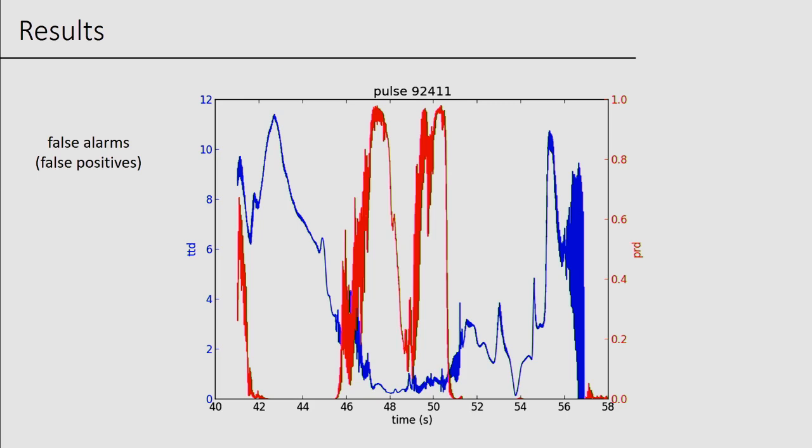Now, some other curious situations, and I'm almost finishing. Here are some false alarms. At the midpoint in the experiment, we get a very low time to disruption, and we get a very high probability of disruption.